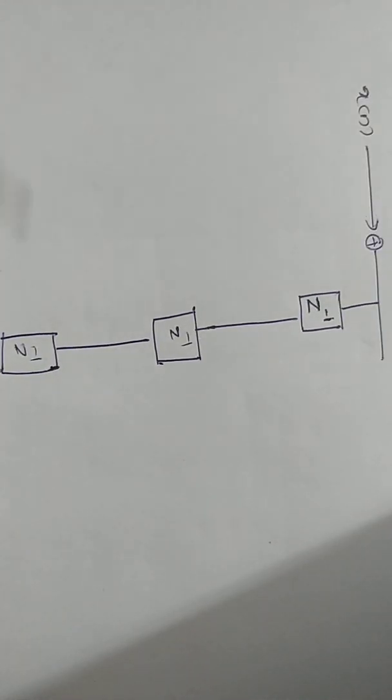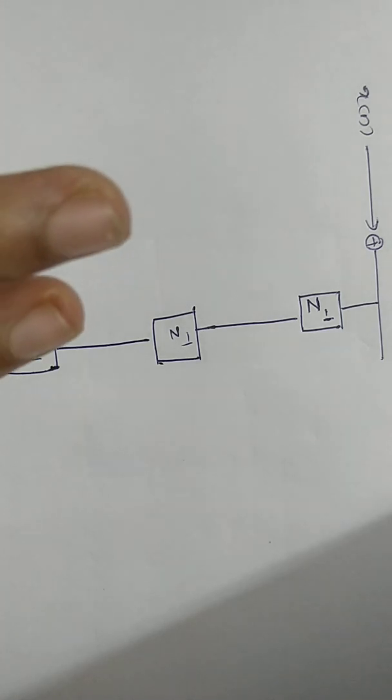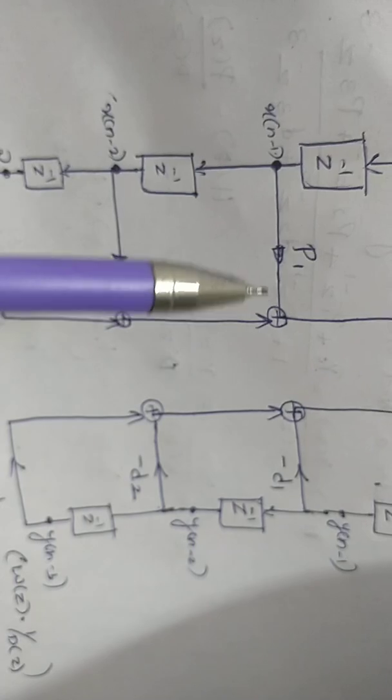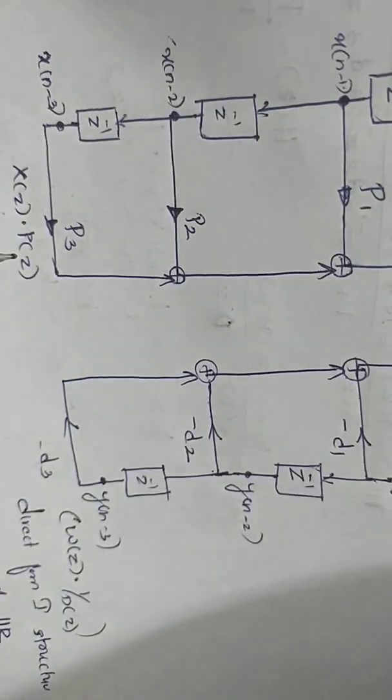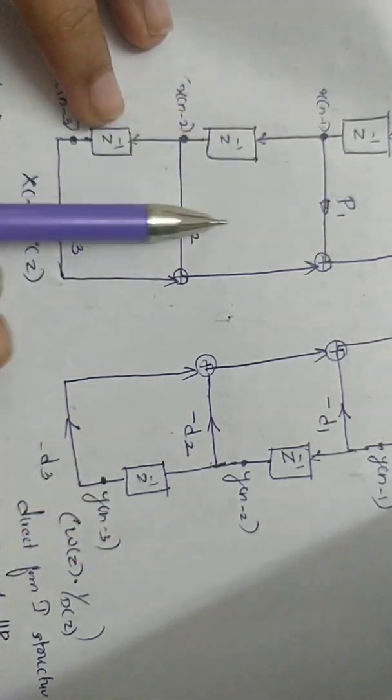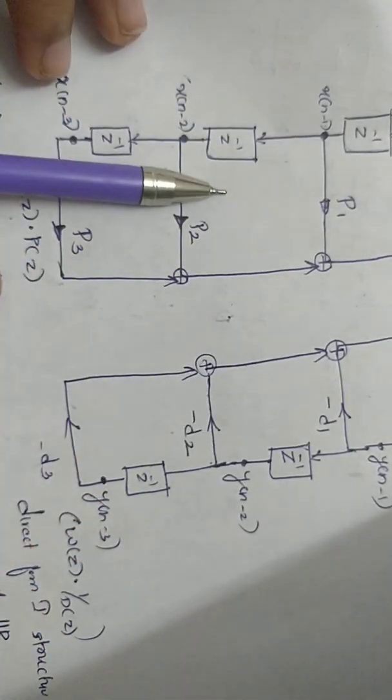Now I am interchanging the branches. In the last case, the minus d1, d2, d3 are put here, and on the left side p1, p2, p3 are put. So I am interchanging the branches.